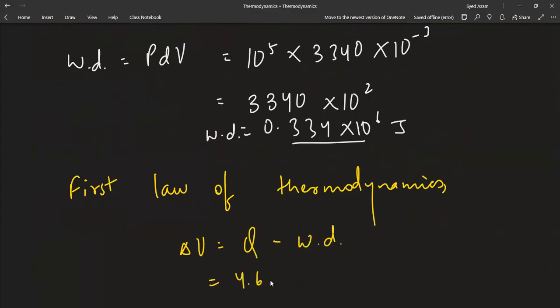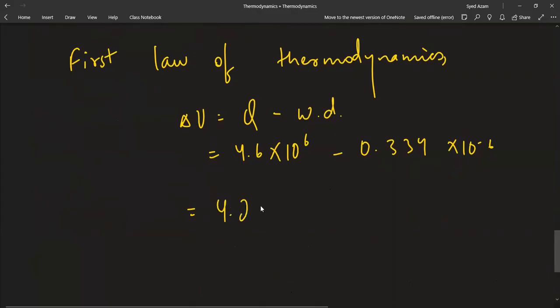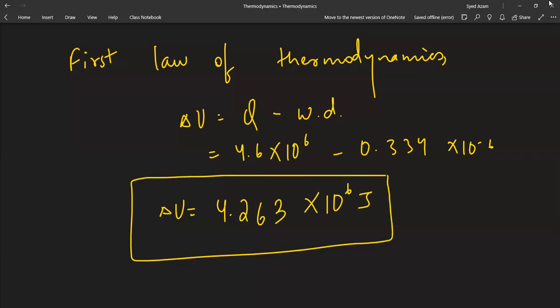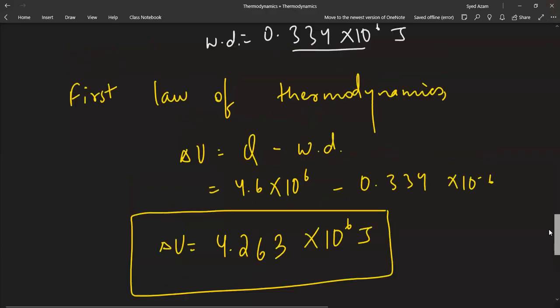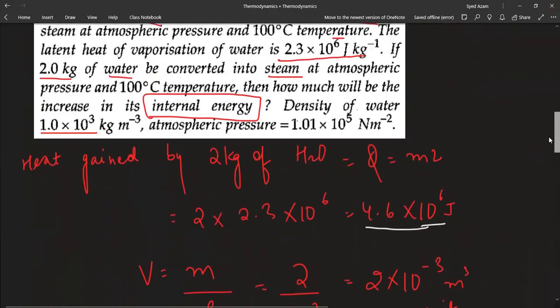This is 4.6 into 10 to the power 6 minus 0.334 into 10 to the power 6, which will be 4.263 into 10 to the power 6 joules. This is the internal energy. Okay, write down the solution, all of you.